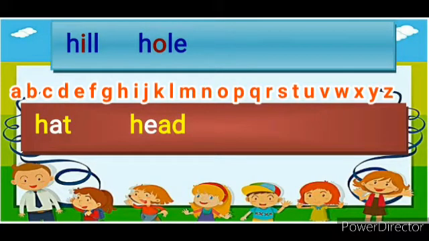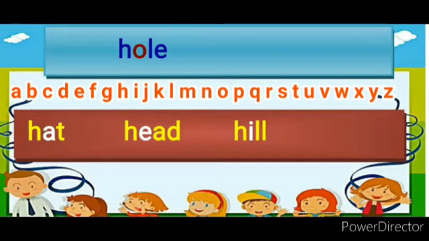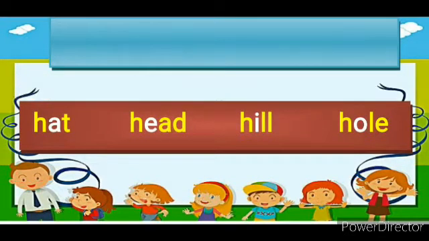Do we have the second letter starting with F, G, H? No, but we do have the second letter starting with I, hill. So the third word in our list will be hill. And the remaining word hole will be last.